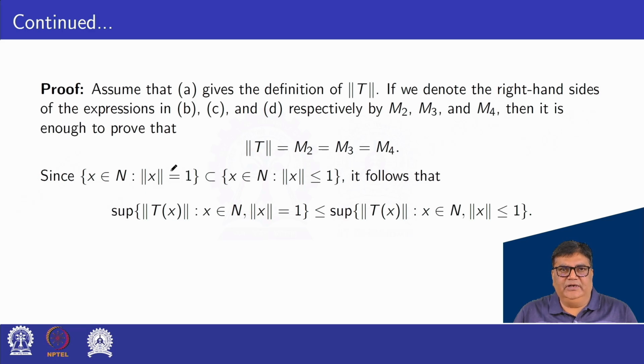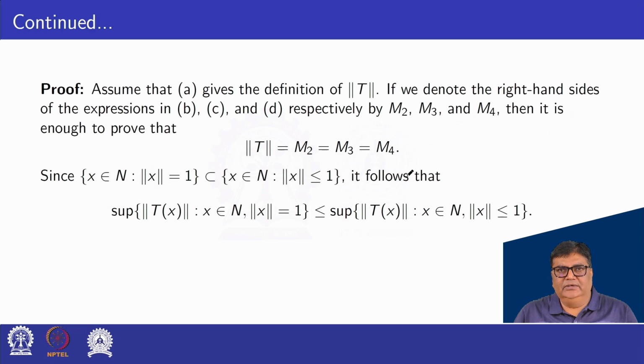Because here the norm Tx is taken over x belonging to N with norm x equal to 1, and here norm x less than or equal to 1, with the same supremum of norm Tx defined.